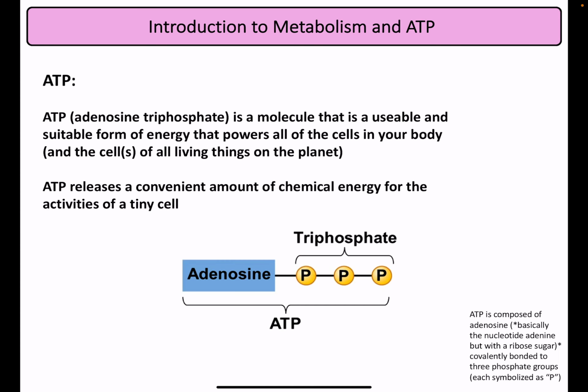Okay, so the rest of this video we're going to discuss ATP. ATP stands for adenosine triphosphate. And again, this is the molecule that not only powers all the cells in your body, but the cells of every living thing on the planet, whether you're a plant, a fungus, a bacterial cell, or whatever.